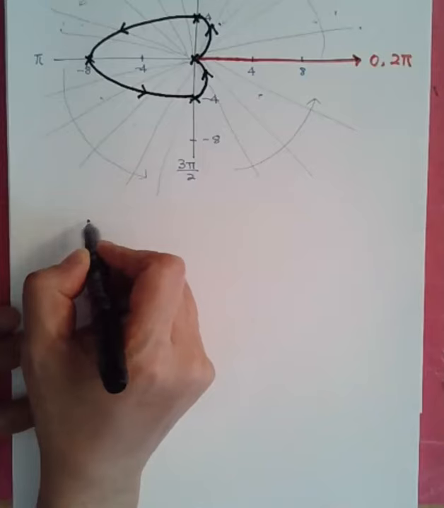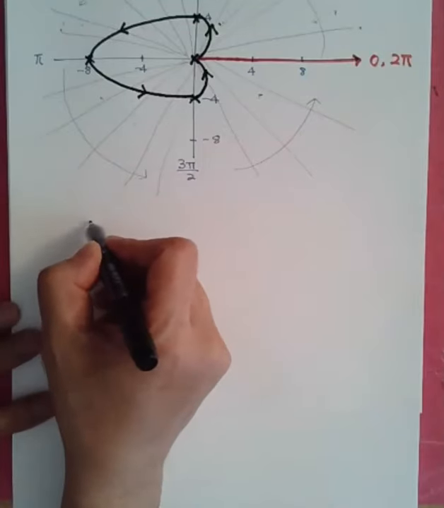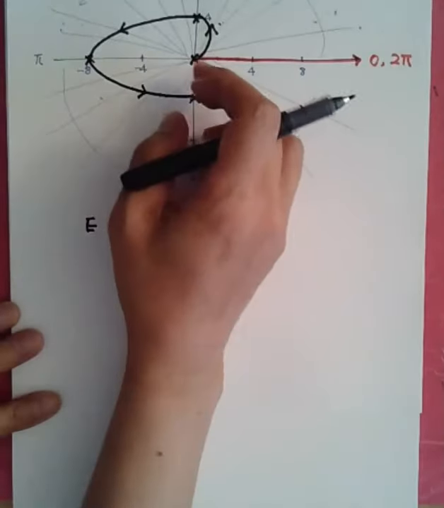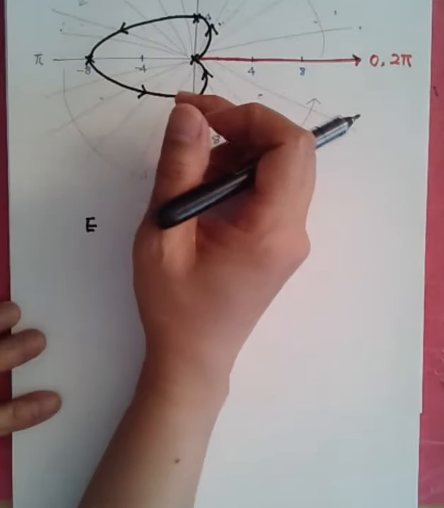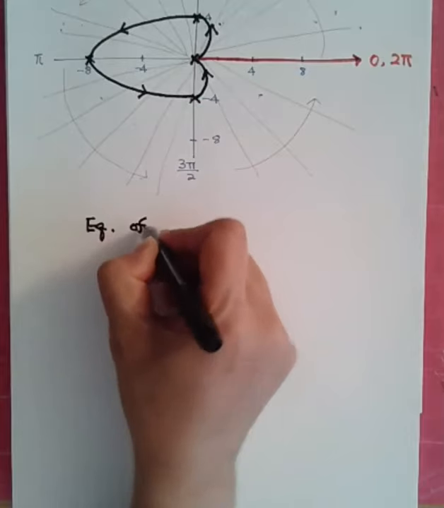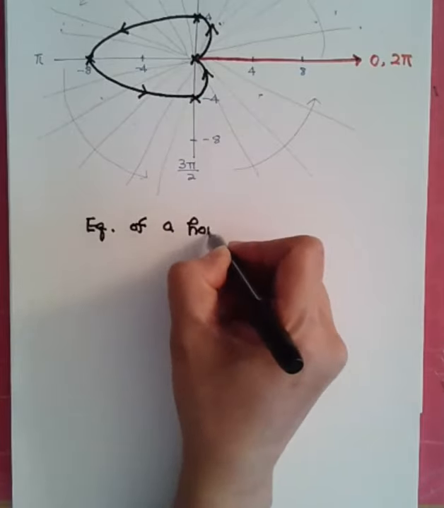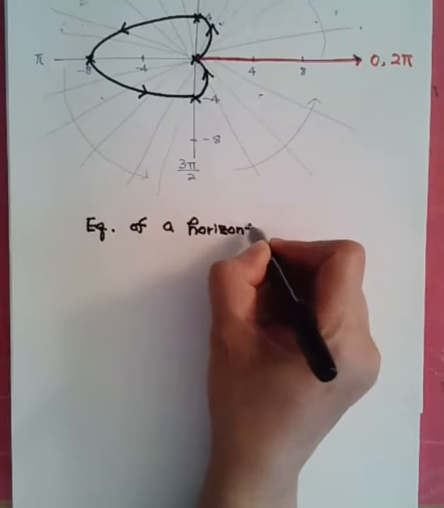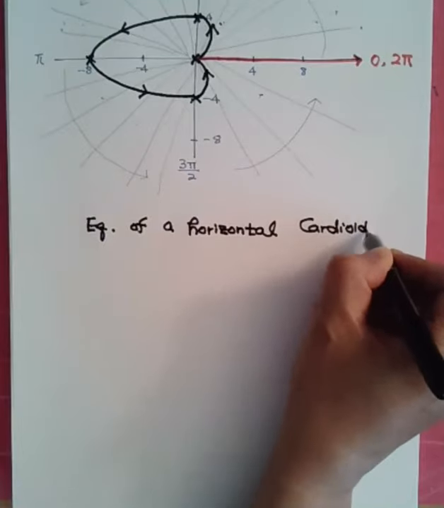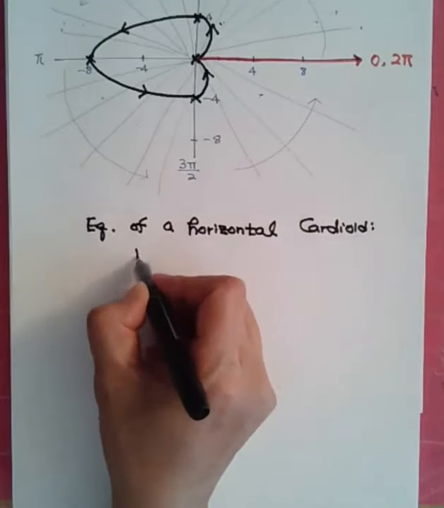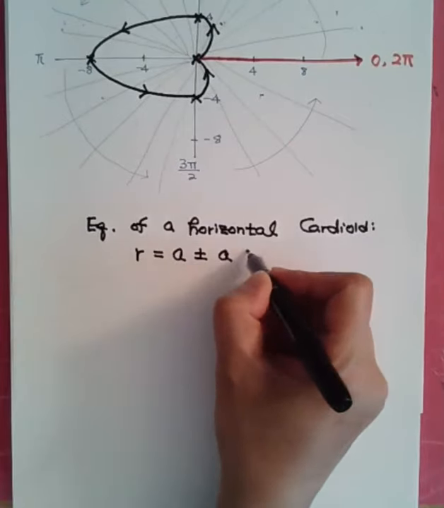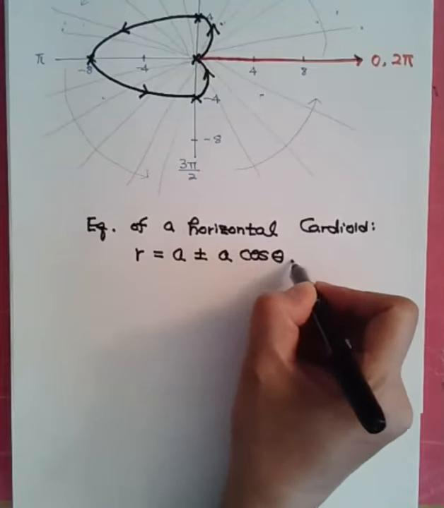The equation is called cardioid. Here is the general equation of the cardioid. This is the example of horizontal cardioid. General equation is r equals a plus or minus a cosine of theta.